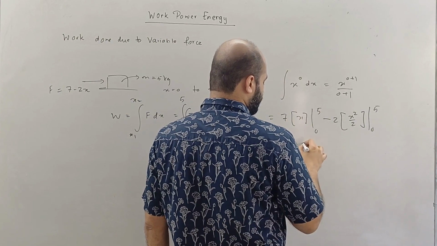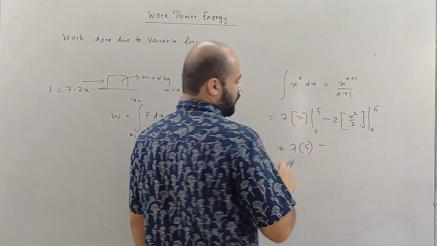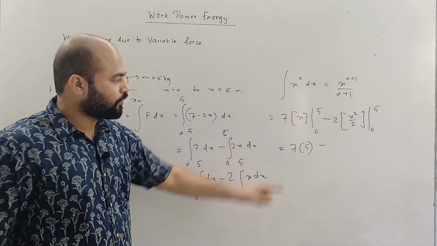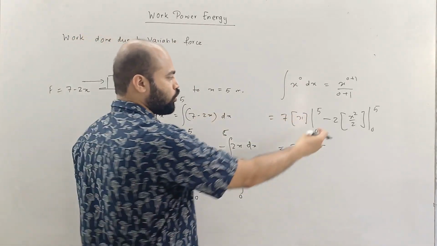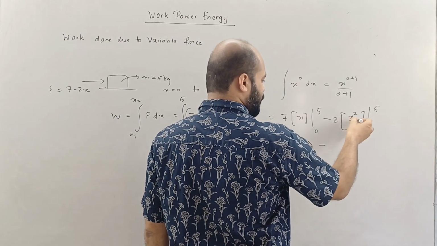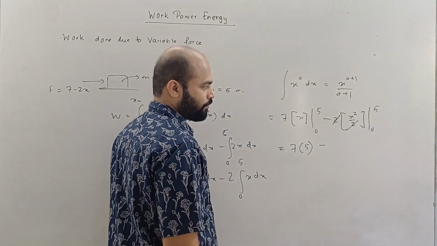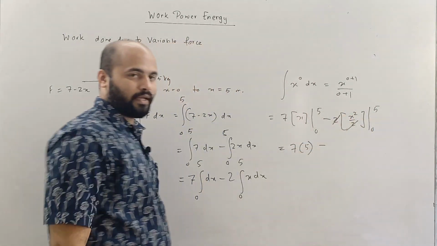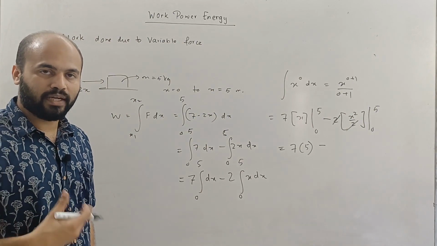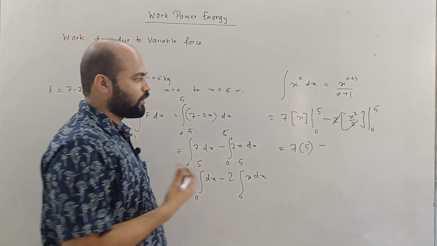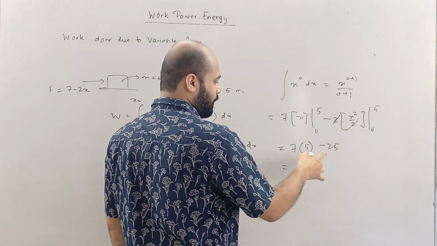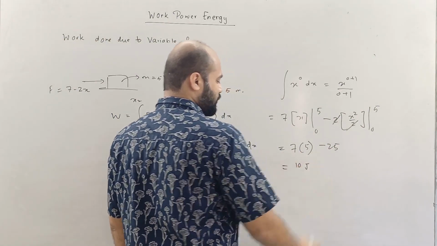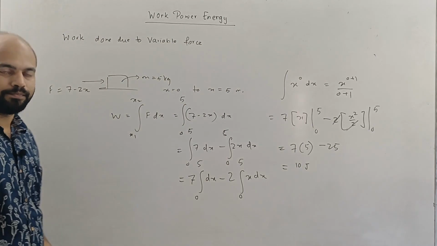So this is going to be 7 times 5, upper limit minus lower limit, 5 minus 0, I'll get 35. Here the 2 cancels with this, and what is left inside is x square. If I put 5, I'm going to get 25. 0 is 0. So what I get is 25 ultimately. So 35 minus 25 is 10 joules. That's the answer to this question.